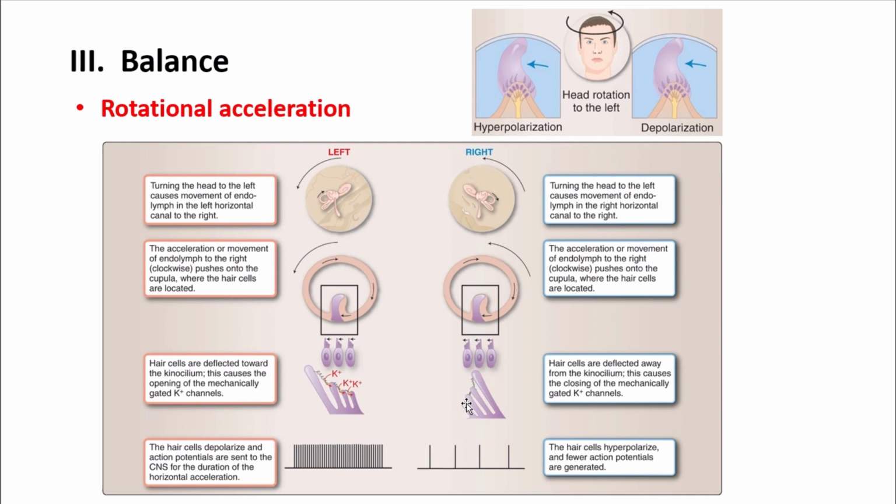So potassium does not enter the cell, and nothing happens here. There's no depolarization. That will hyperpolarize, which means that not much information is processed. There is no action potential there, so nothing will happen. And that way you feel that movement on the area that caused depolarization.